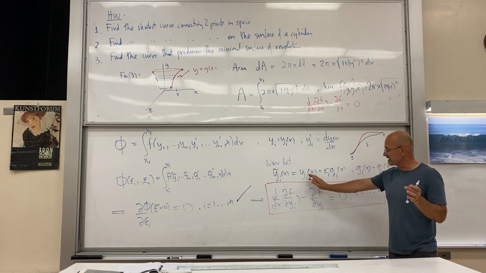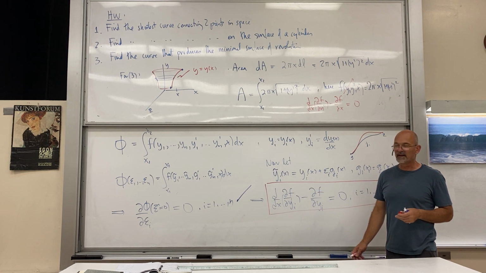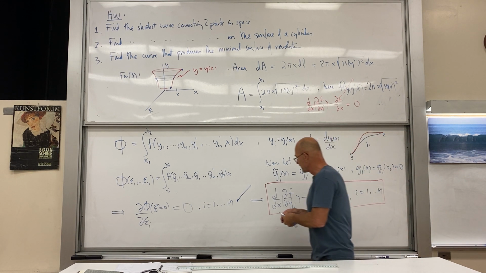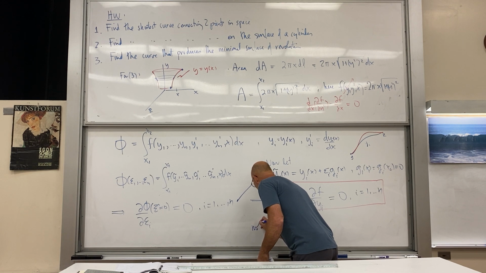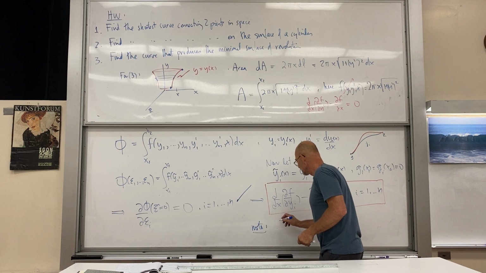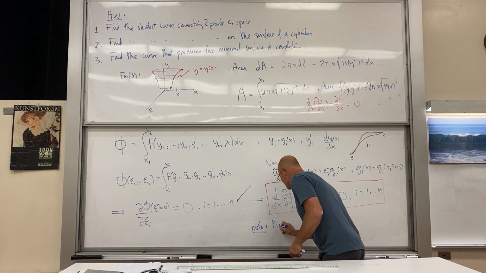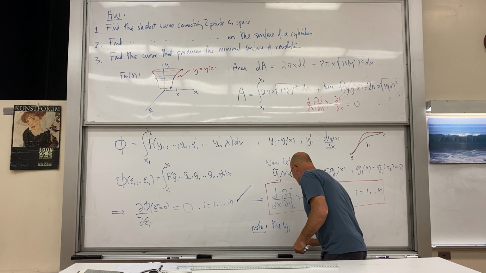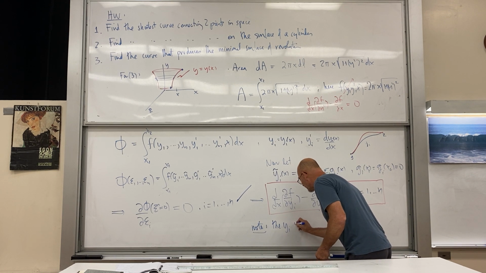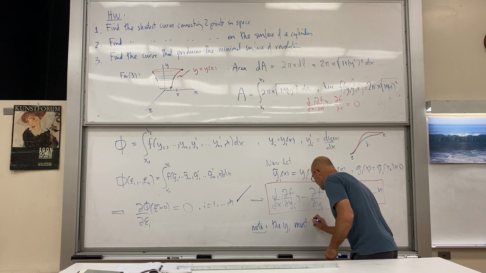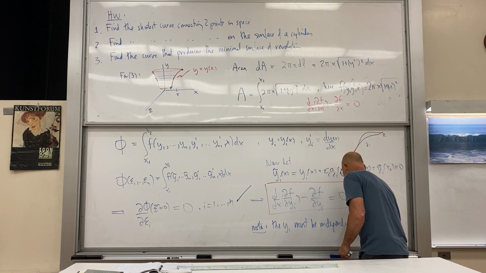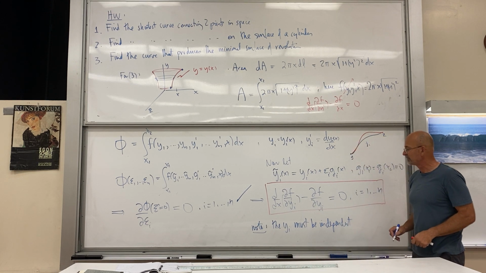And we're not specifying any type of coordinate at this point, right? It's very general. So the note I want to put here is: note, the y sub I functions, or variables, must be independent of each other. Independent.